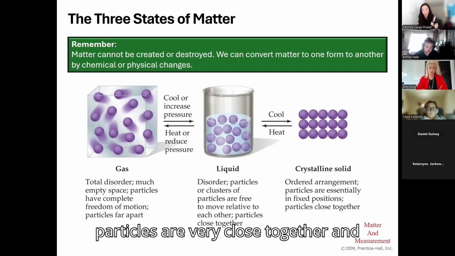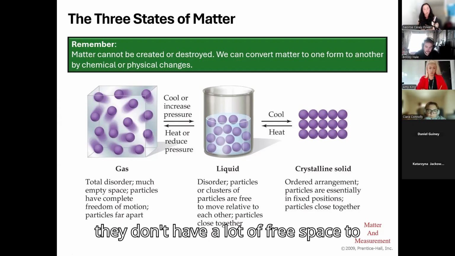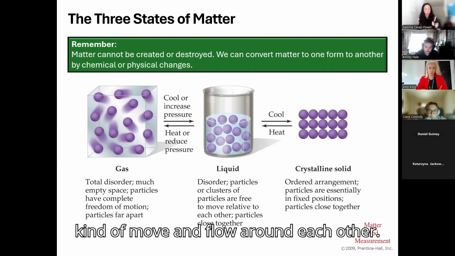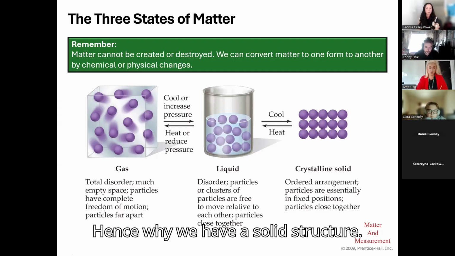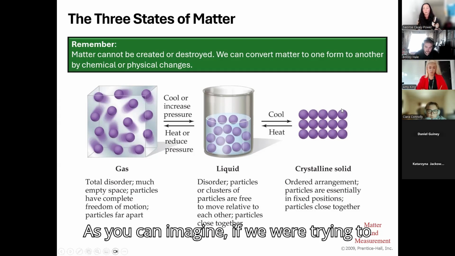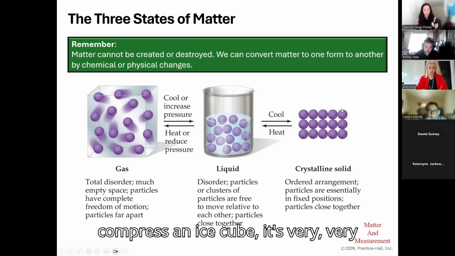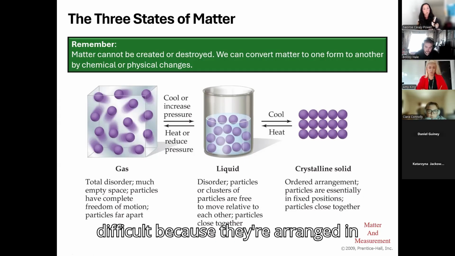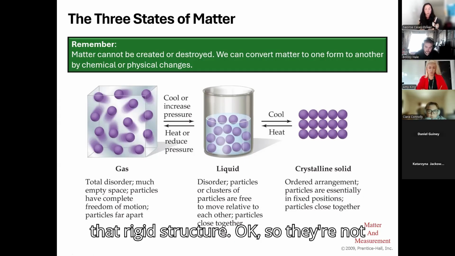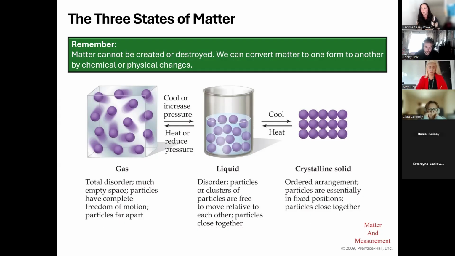The particles are very close together and they don't have a lot of free space to move and flow around each other, hence why we have a solid structure. As you can imagine, if we were trying to compress an ice cube, it's very, very difficult because they're arranged in that rigid structure, so they're not very easily compressed.